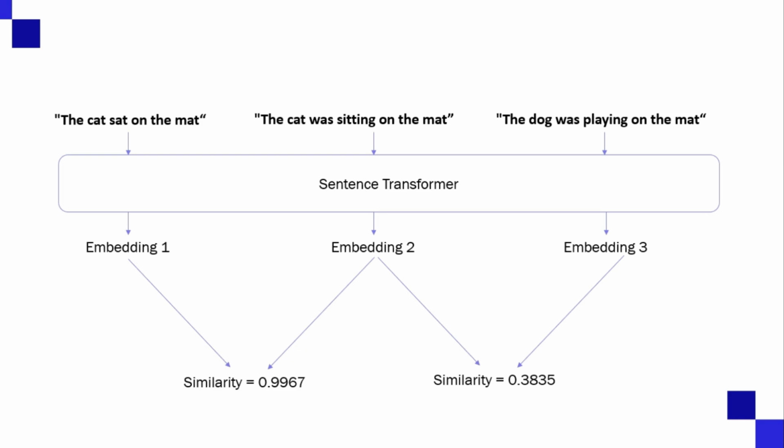So we got the more similarity between the embedding 1 and embedding 2 because the first two sentences are conveying almost the same meaning. The similarity between the embedding 2 and embedding 3 is somewhat less because the meaning between the sentence 2 and sentence 3 is somewhat different.